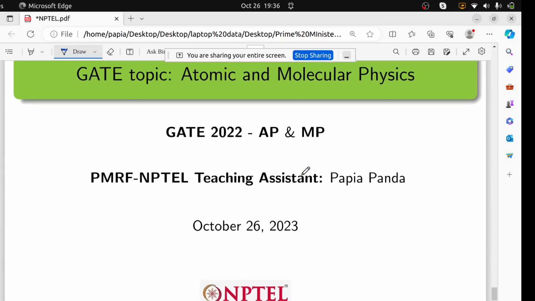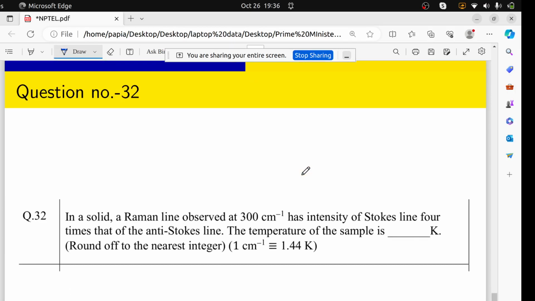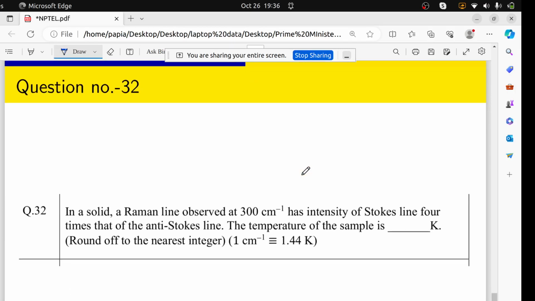Now coming to the next question. I think this is the last question for this topic. This we have taken from the GATE 2022 question paper, and the question number is 32. So what is the question here? In a solid, the Raman line observed at 300 centimeter inverse has intensity of Stokes line 4 times that of the anti-Stokes line.